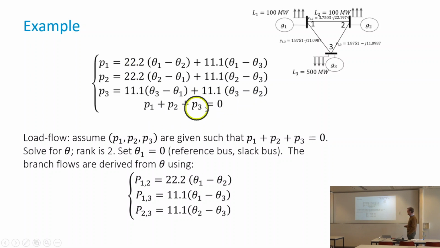So this equation is in fact redundant. It can be derived from the other two. Or, to put it differently, out of those 3 equations, if I add the power balance equation that ignores the losses, we have rank deficiency. We don't really have 4 equations.